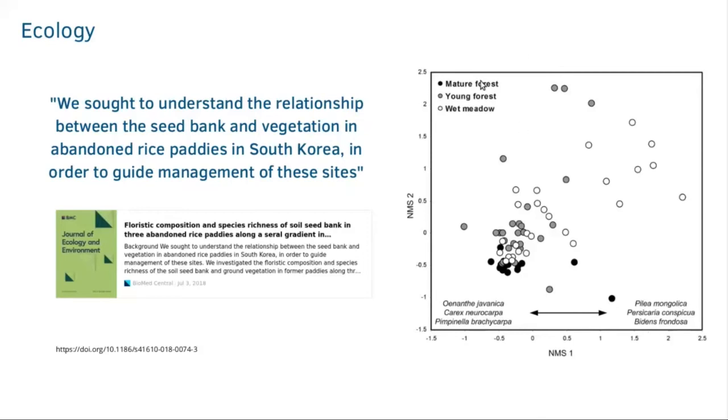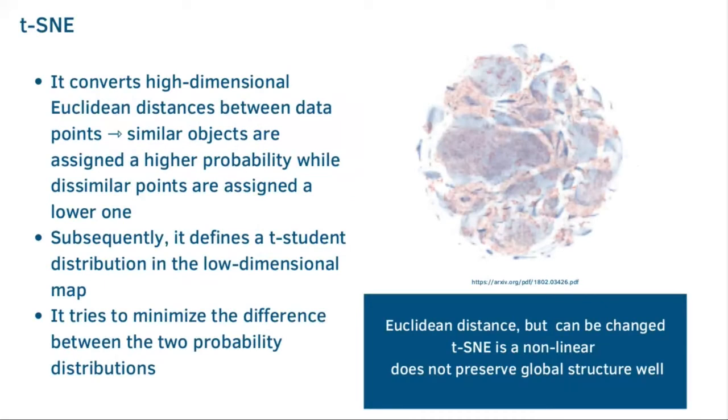They did a multidimensional scaling. So you have one component here, which is mostly by these different types of soil seeds, and another one here, and then you can see how you can separate the young forest from this other one that I don't know what it is, and the mature forest in black. It's used especially in ecology. I think it's mostly what I use it for.